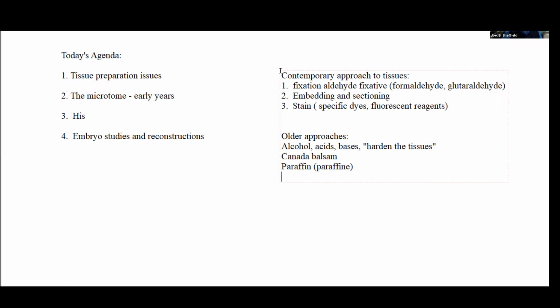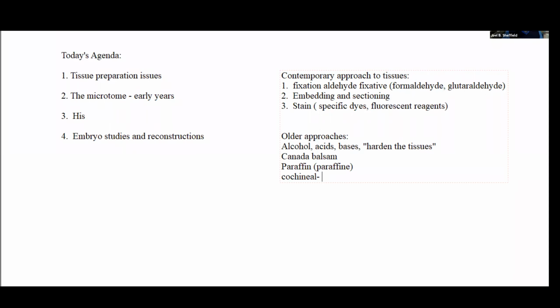And then in terms of stain, they started with this collection of what you might call natural stains, materials that were extracted from one or another organism. One of the classics that you'll see referred to is cochineal, which is actually the dye that comes off of ladybugs.